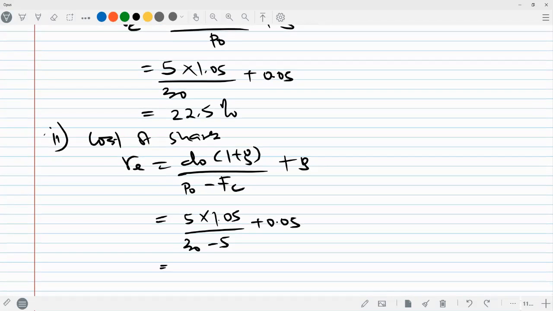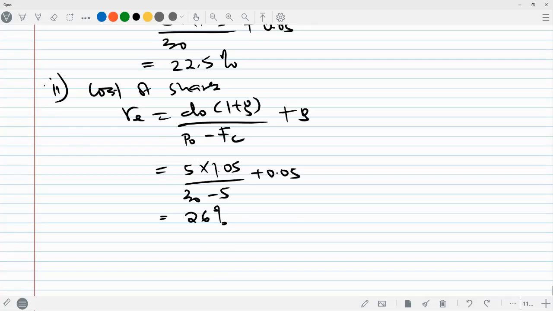The cost of equity for the issued shares is 26%. Therefore we get 26% as the cost of issuing new shares in the market.